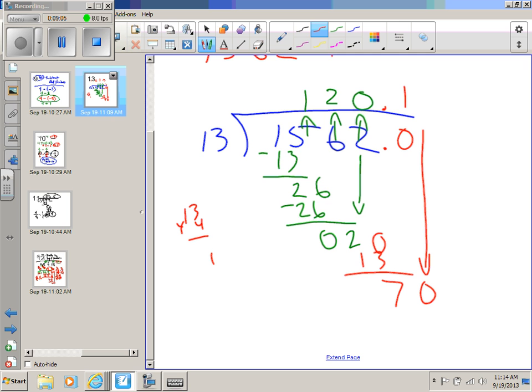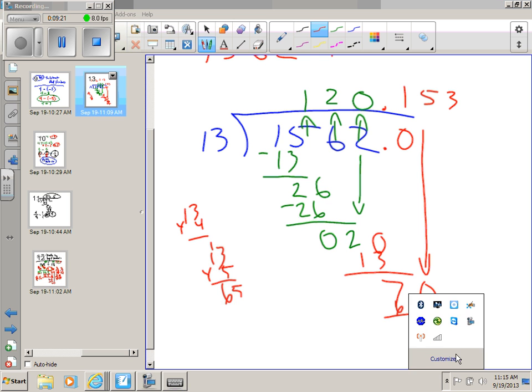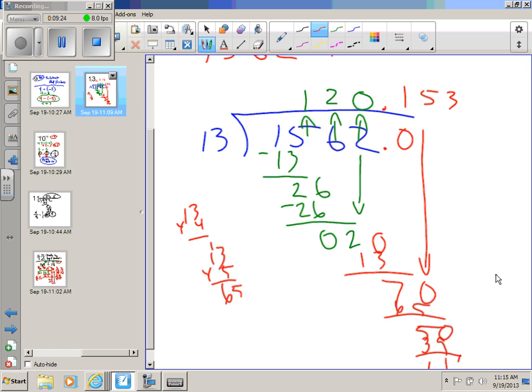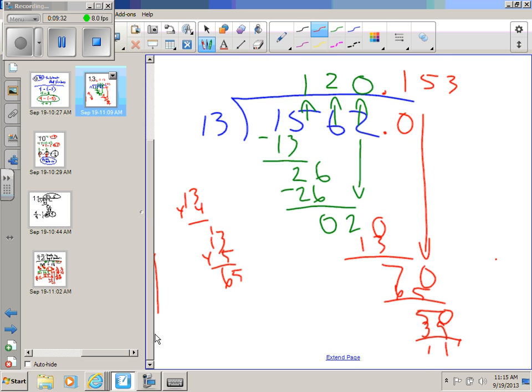It's got to be 5. Five is 65. Into 50, I think it's 3. And into 110. All right. There it is.